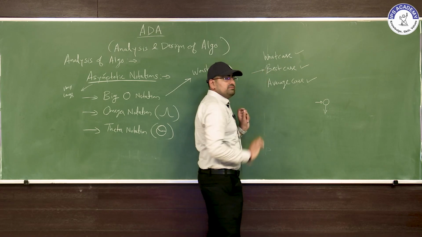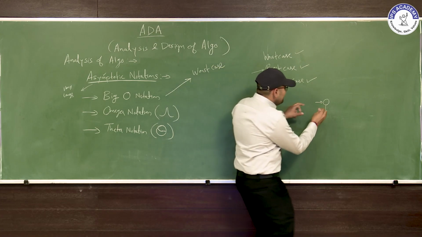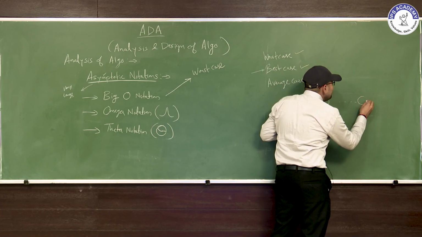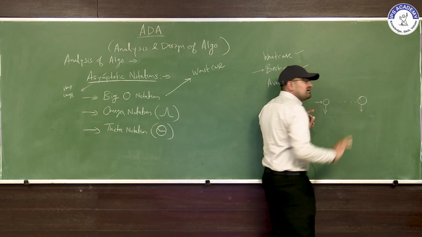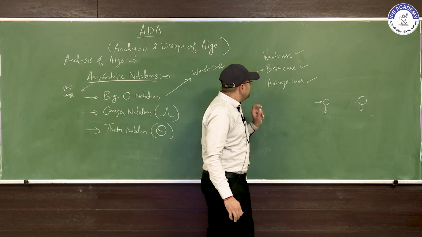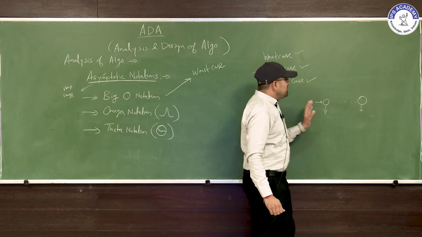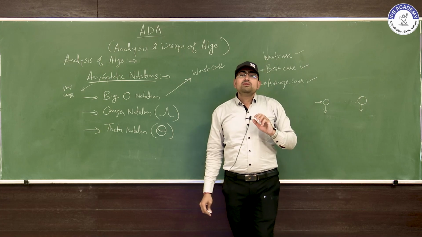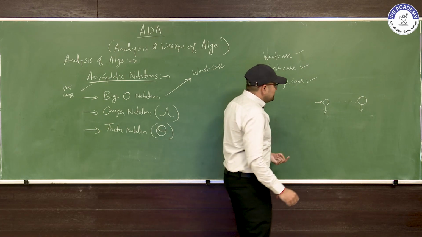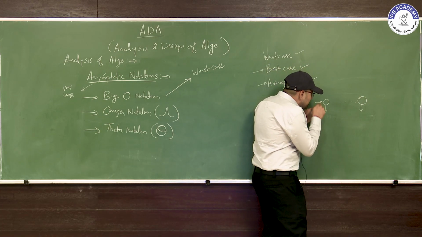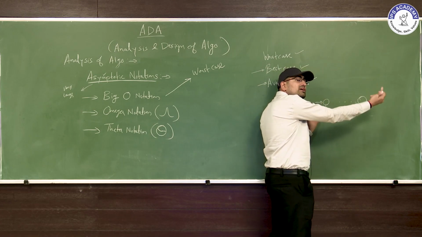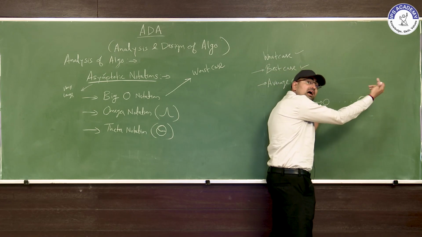Maybe the object is situated somewhere in between in that container or list. That would be the average case of that algorithm. Maybe we have applied a strategy where we start from the first object, and the object we are searching for is situated at the last place.